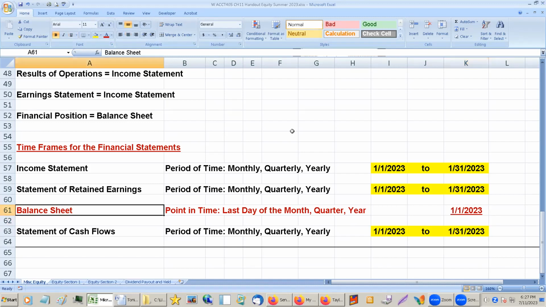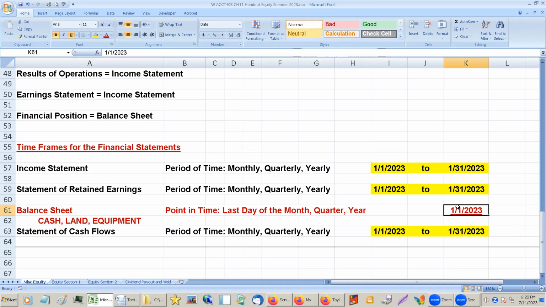If you think of things on the balance sheet, it has things like cash, land, equipment, all that kind of stuff, assets. The idea is, how much cash do you have at the month end?